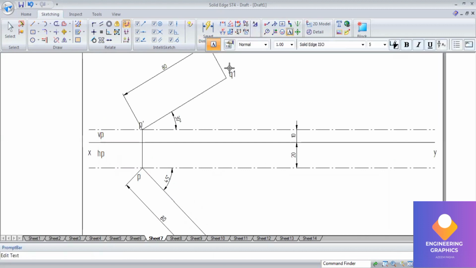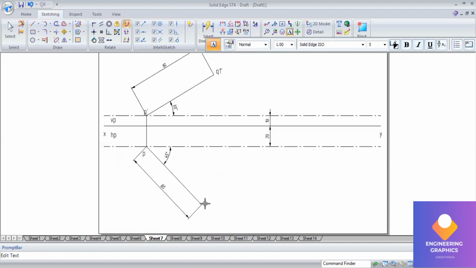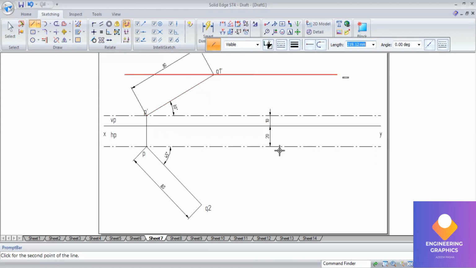Okay, so with respect to these end points we consider other locus lines. This is P dash Q1 dash and this is PQ2. So again go to line and select the dashed lines here. Now using these two lengths we can construct the upper end lengths.